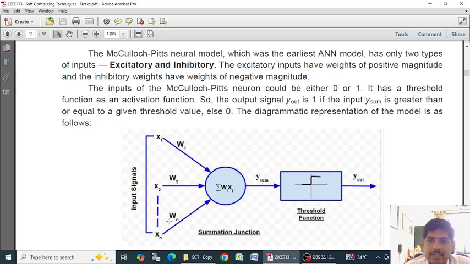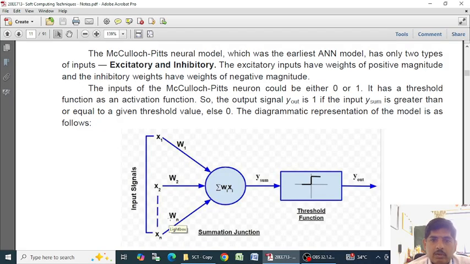Excitatory input means the weight has positive magnitude. All the weights with positive magnitude and the same values are called excitatory weights.